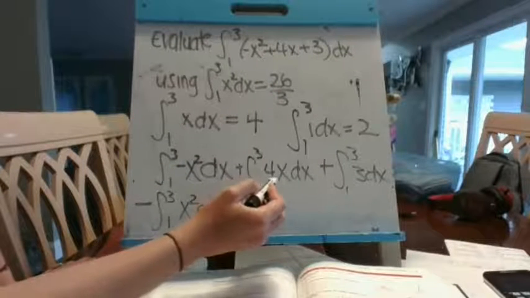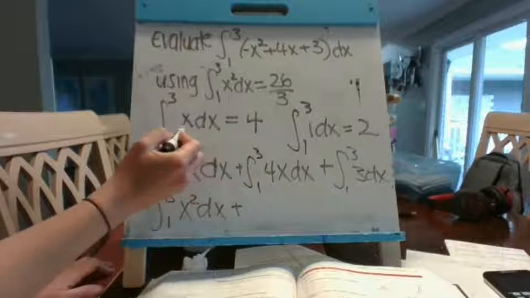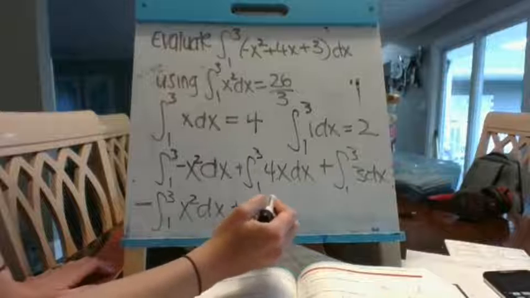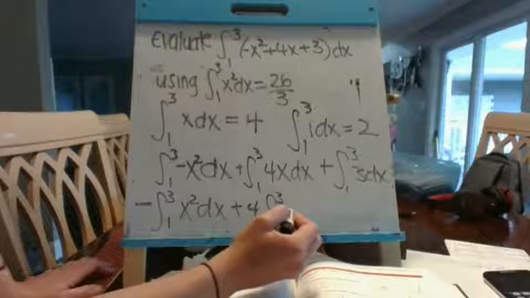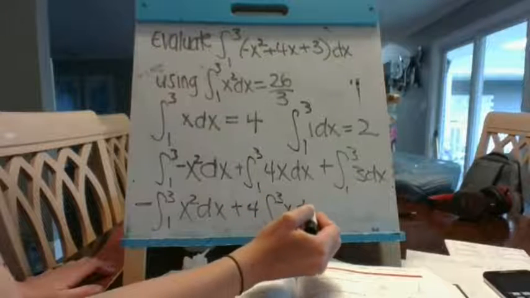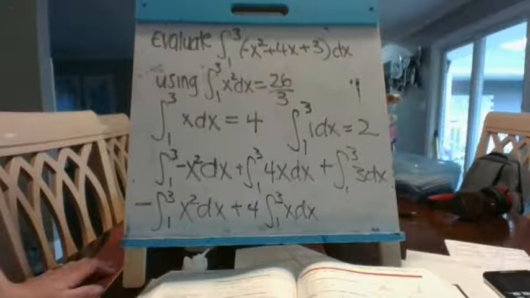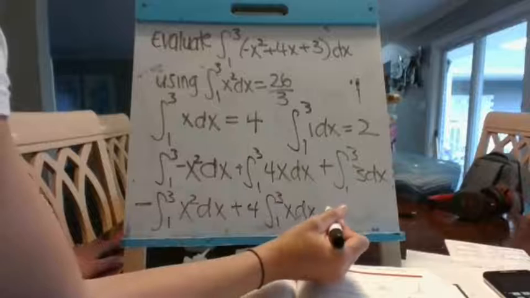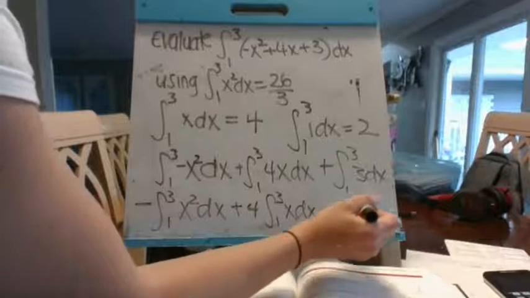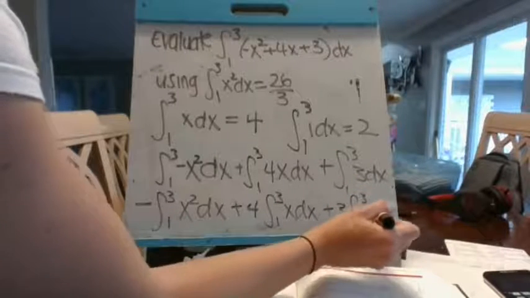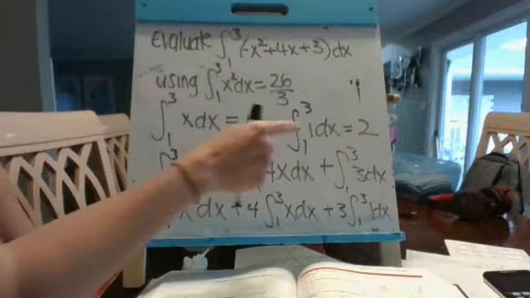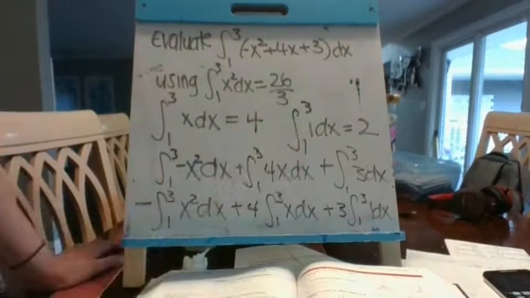If I want to rewrite this one as x dx, if I pull the 4 out in front of the integral, I have x dx. And then here, if I pull out the 3 in front of the integral, I have 1 dx, which is this integral. All right, so now let's evaluate this.